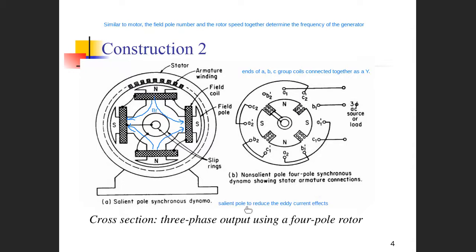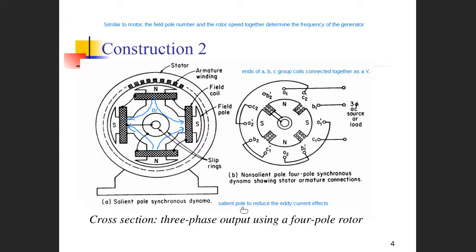Generally, we do not use a whole piece of magnetic cast steel material as the pole. Usually the pole uses several thin steel sheets stacked up to form the pole. So that is the laminated pole.